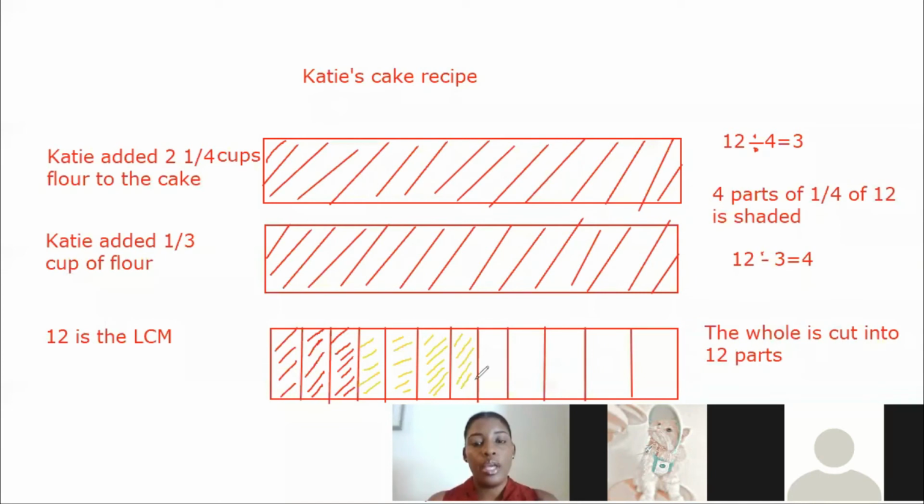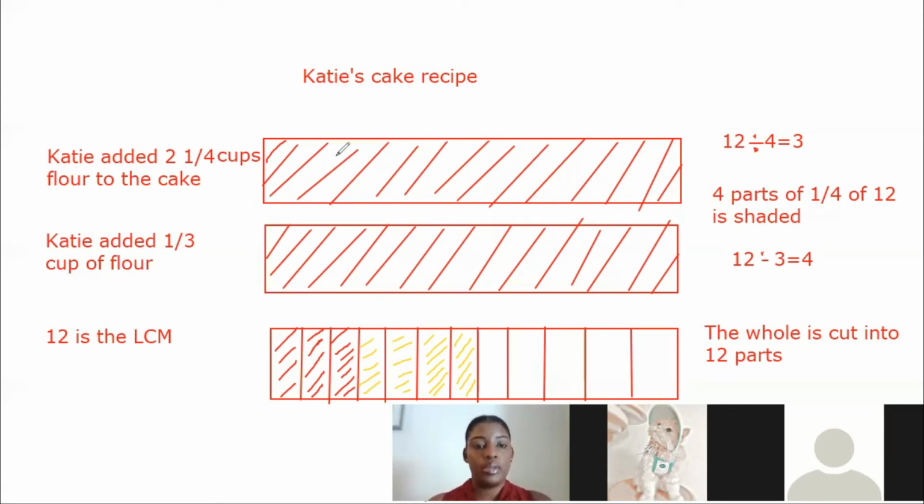What we can now see, throughout the process of using a diagram to solve the problem, is that when we finish drawing our diagram, we can clearly see our answer, because here we can see 2 wholes and 1, 2, 3, 4, 5, 6, 7 portions.